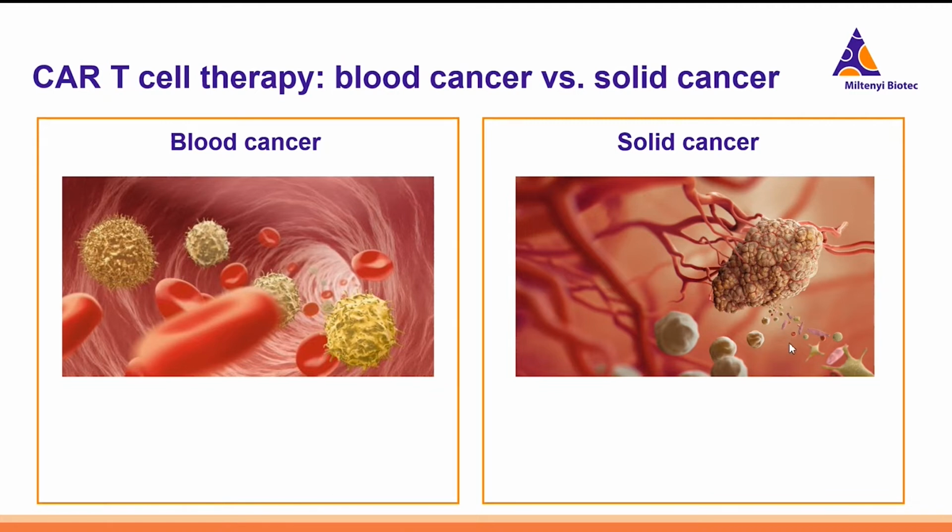For example, the presence of soluble suppressive factors in the tumor microenvironment, such as cytokines and suppressive immune cells, as I mentioned before, such as myeloid-derived suppressor cells, these are MDSCs, and tumor-associated macrophages, TAMs, tumor-associated neutrophils, TANs. Moreover, prevention of trafficking and the penetration of T cells into a solid tumor mass is another challenging factor.